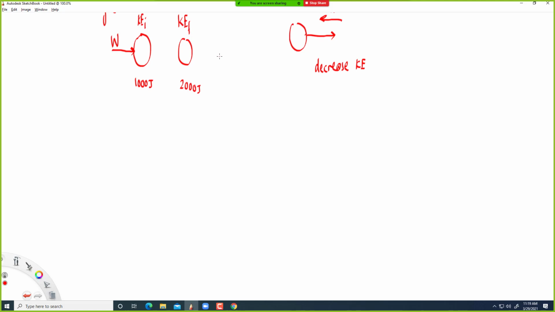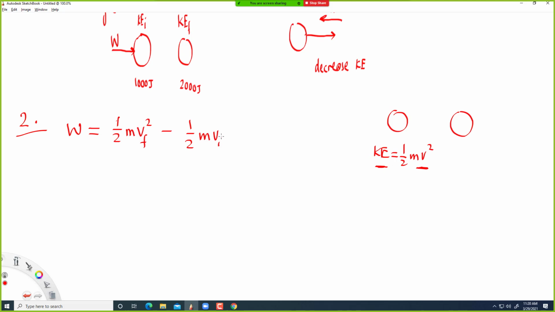Okay, so we want to find the work to change the velocity from 20 meters per second to 30 meters per second, and changing speed also means changing the kinetic energy, because kinetic energy depends on speed. Increasing the velocity means increasing kinetic energy. So we have work energy theorem. Work is equal to final kinetic energy minus initial kinetic energy.